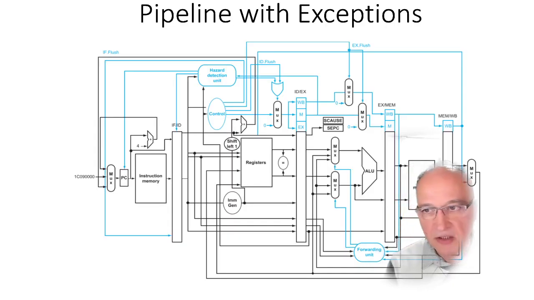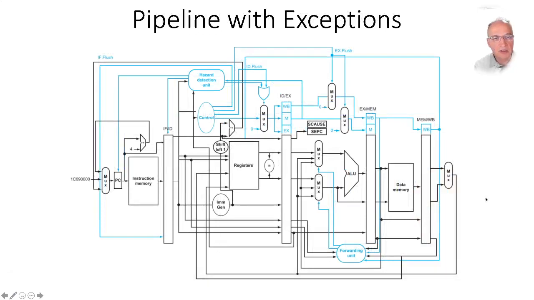So let's look at our pipeline design. Let me move my picture to the upper corner so that we can look at the entire design. This is the design that we have been reviewing for a couple of lectures, the design of the pipelined data path with all the control signals that I need. What I have now is a new flush signal that can be produced by the control unit.